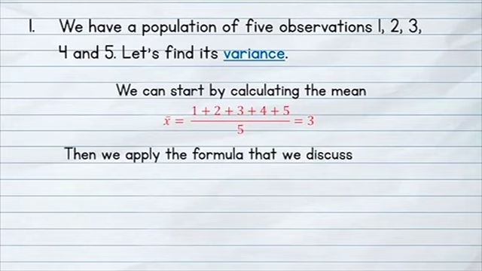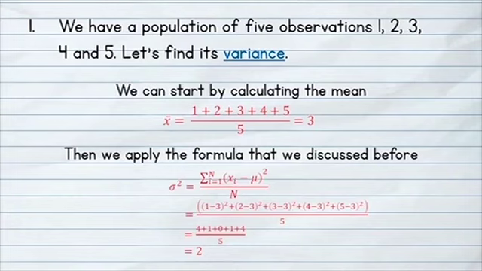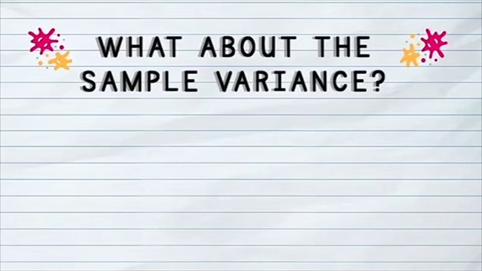Then, we apply the formula which we just discussed. After we calculate with the formula, the value of variance is 2. So, the population variance of the dataset is 2. But what about the sample variance?